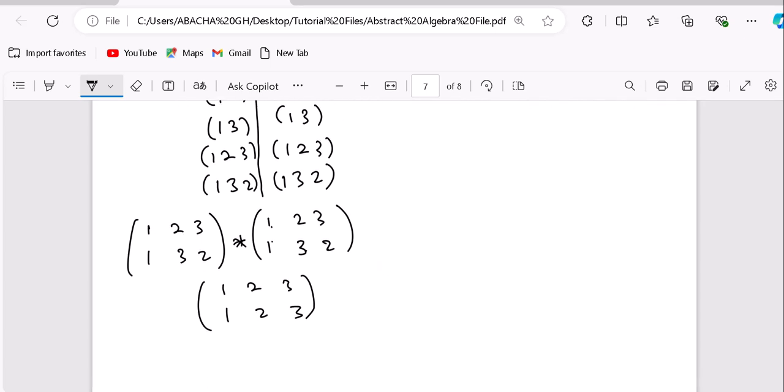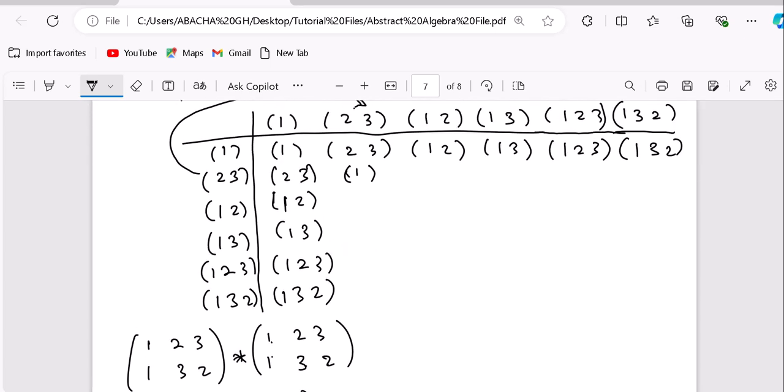Now we compose that same (2 3) with (1 2).